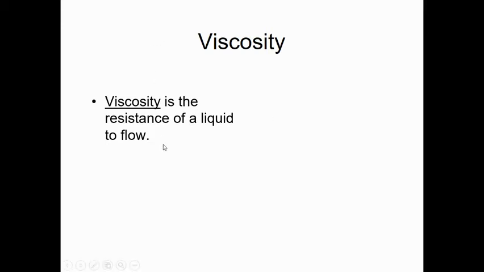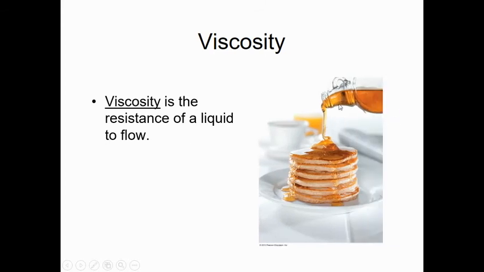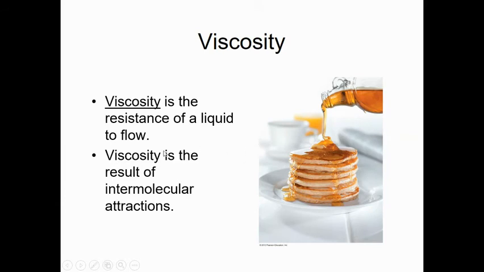So viscosity is that resistance of a liquid to flow. Syrup, for example, is very viscous. There's a resistance to flow, so it flows much slower than water. And this viscosity is the result of the intermolecular attractions, the attractions in between molecules.